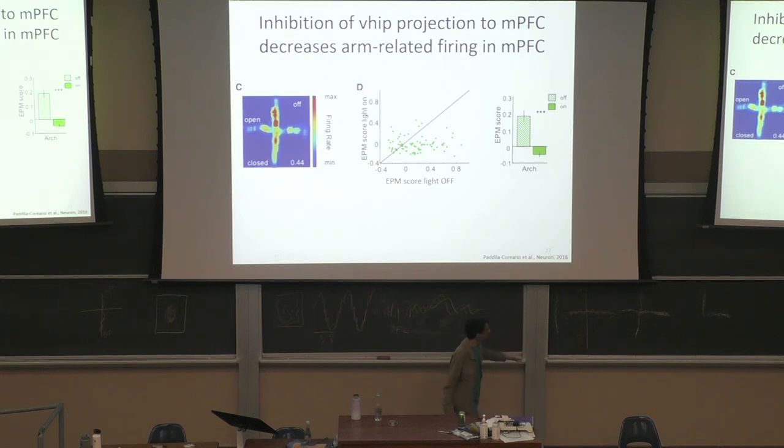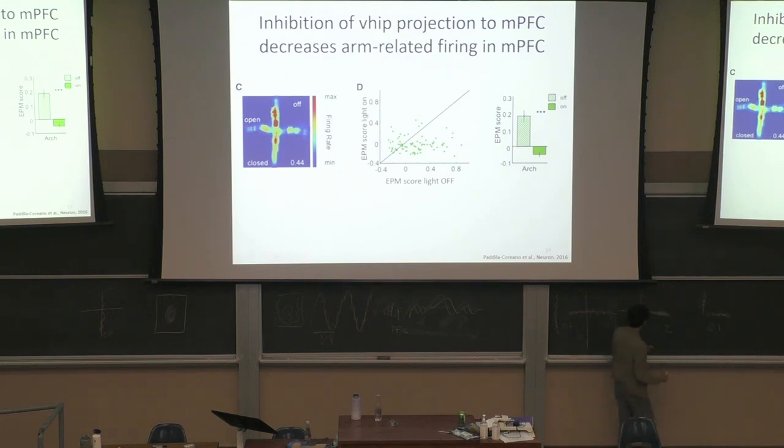Okay, and then to measure if a cell was good at separating open spaces or bad, they developed this measure called the EPM score. These two cells would have a high EPM score of maybe 0.7, and this one could be 0.8. And these cells that don't separate open arms versus closed arms well would have a lower EPM score, perhaps 0.2 or 0.1.